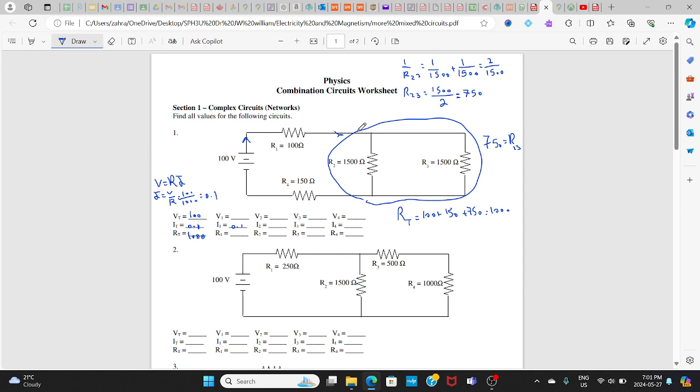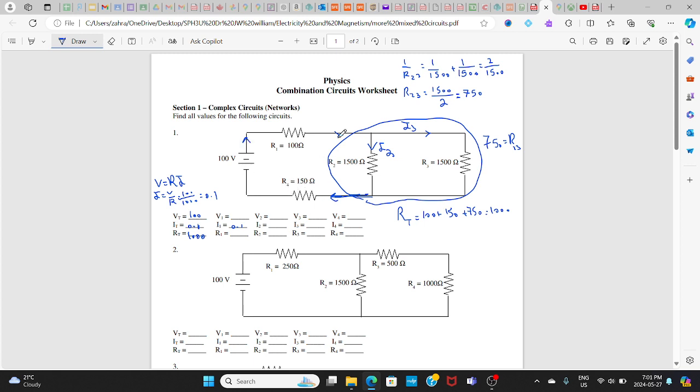When this current comes here, it goes through this and becomes I3, comes here and becomes I2, and then when it's going back here, the addition of those will be I total, right? So the I total passing through R4 is going to be the same, because this is now what is going through the battery.